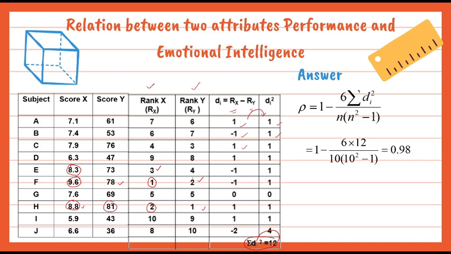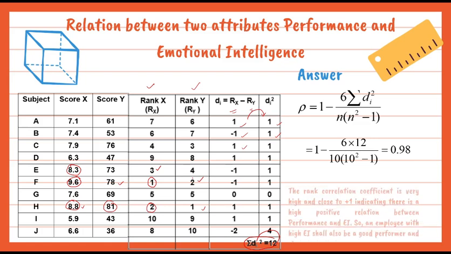So this is positive. That means there is a high positive relationship between performance indicator and emotional intelligence. That means as the performance level of the worker increases, the emotional level also increases, or you may say in the reverse order, that a person with higher emotional intelligence will definitely be a good performer. So if you can understand the emotional intelligence, you can understand the performance level as well, and vice versa.